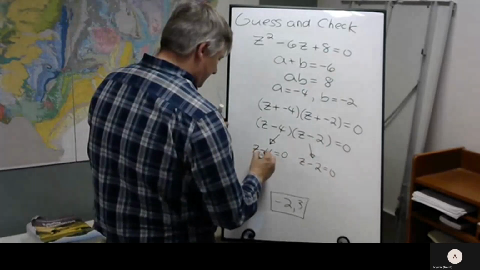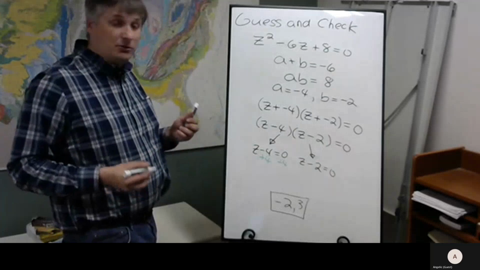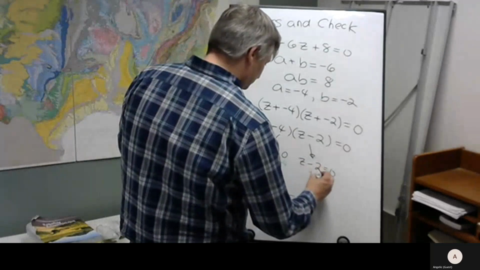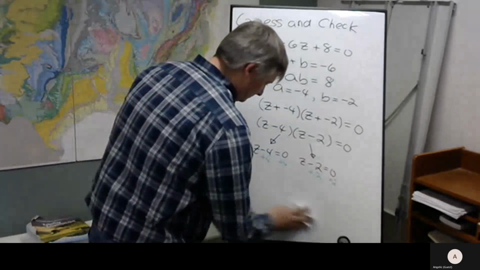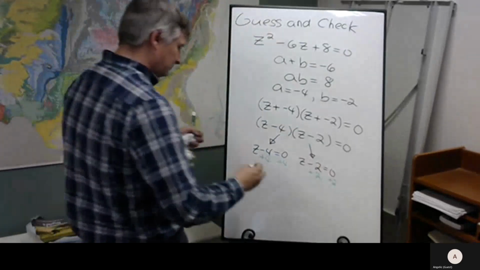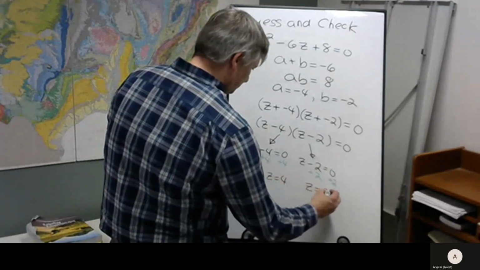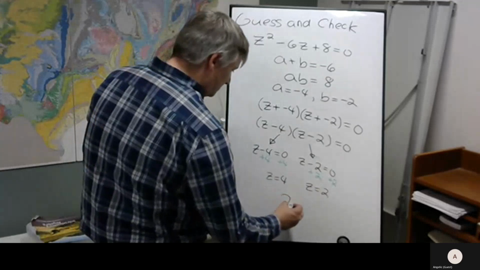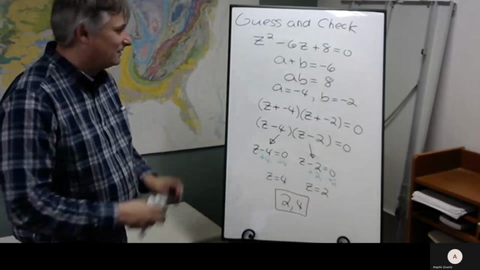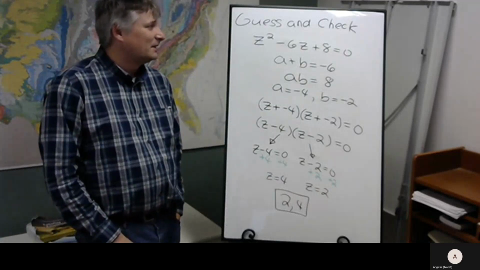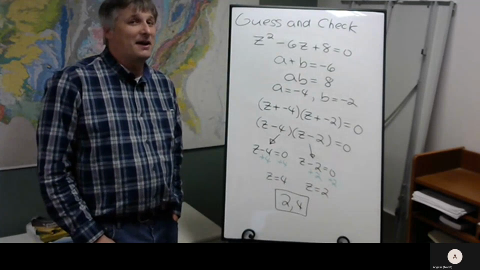For this one, we add 4 to both sides. For the second one, we add 2 to both sides. And so our answer would be 2, 4. So that's the guess and check method. Questions about that?